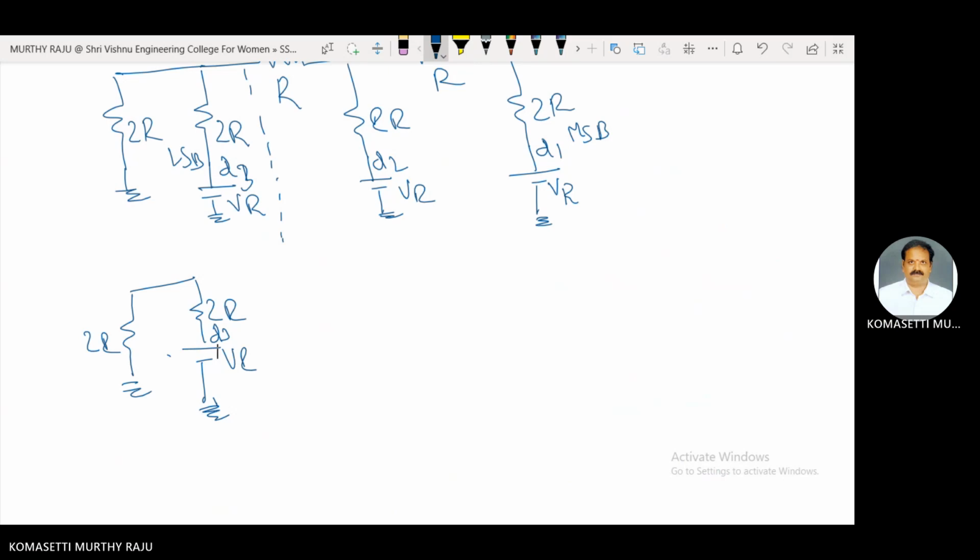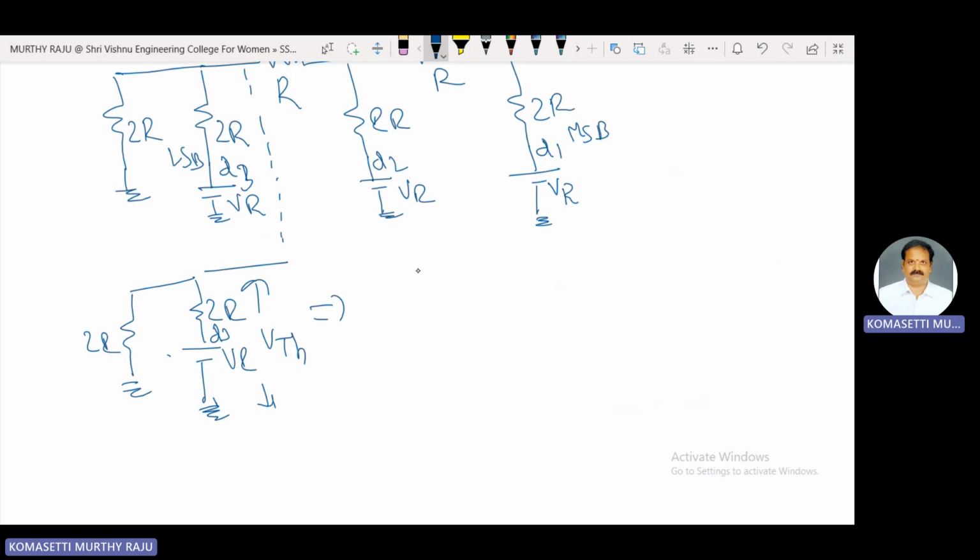Apply Thevenin's theorem here with D3 into VR, and find the Thevenin voltage.